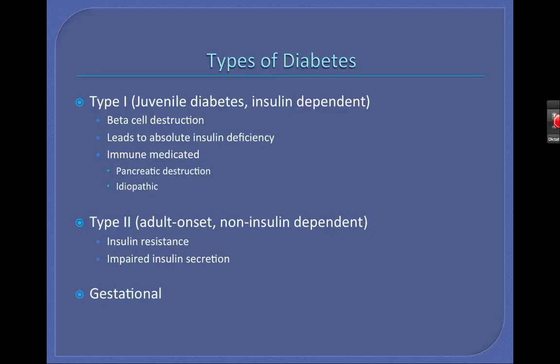Hyperinsulinemia, sorry guys, is most often caused by insulin resistance. So you get insulin resistance first.